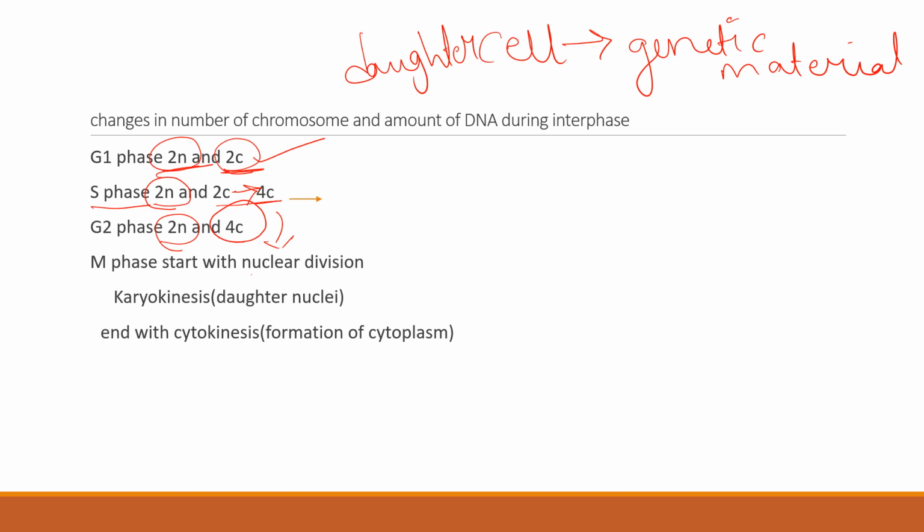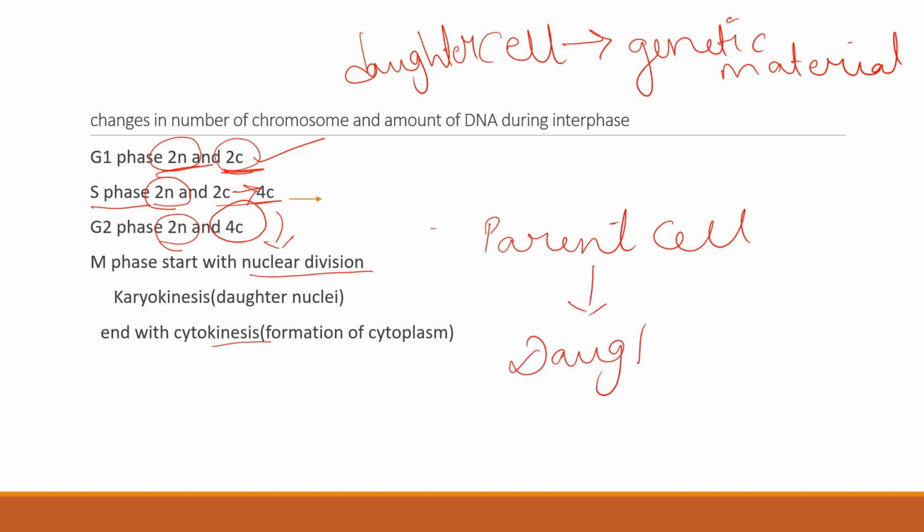Now this M phase would start with nuclear division, meaning first of all the nucleus will divide, and it would end with cytokinesis, meaning when from a parent cell two daughter cells are formed, right?